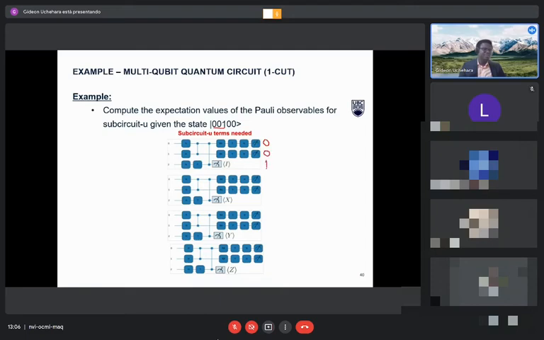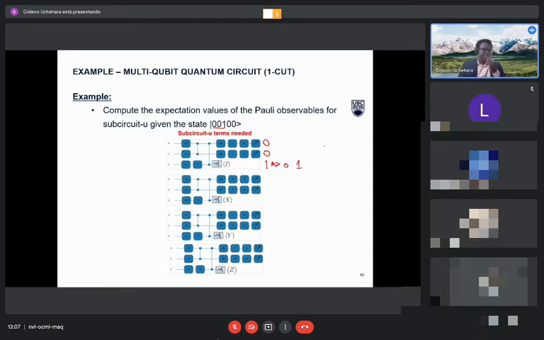That is the state that I'm interested in. But because this qubit was cut, it can either take the 0 state or the 1 state.